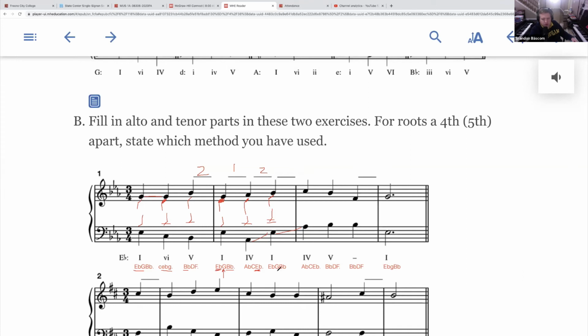Our common tone is E flat. We could keep that in the alto, couldn't we?